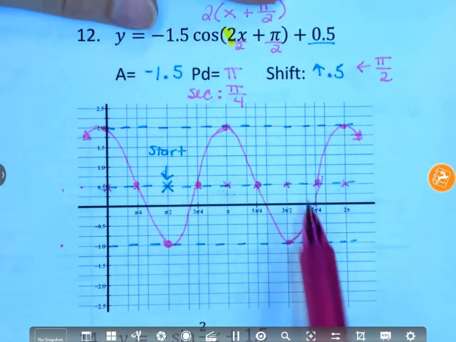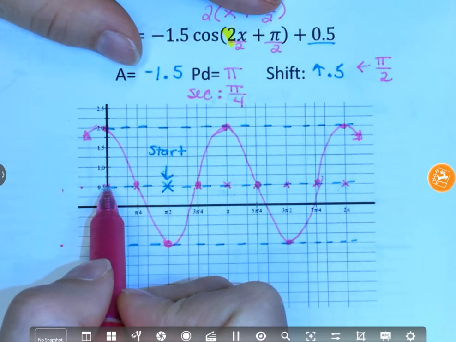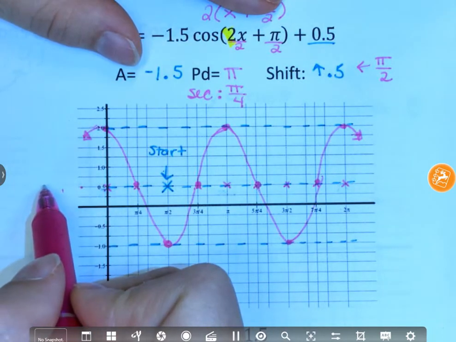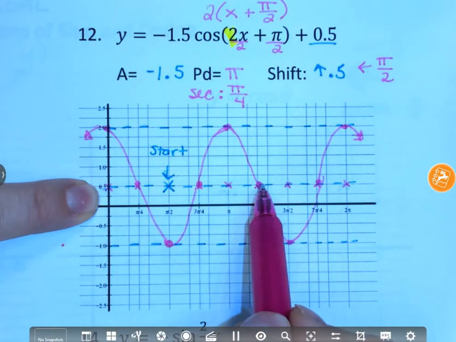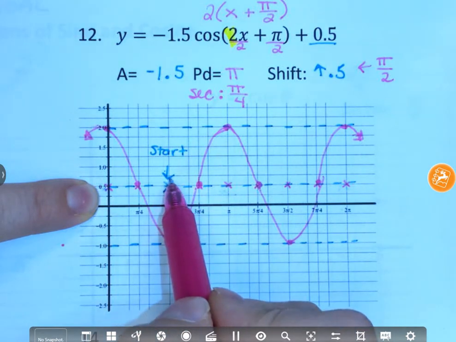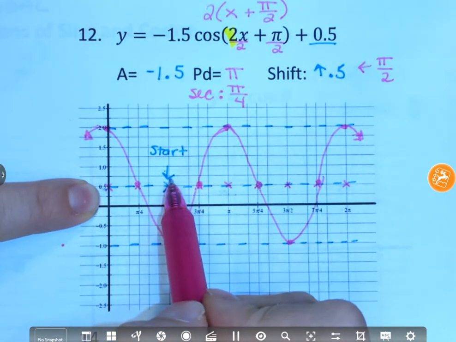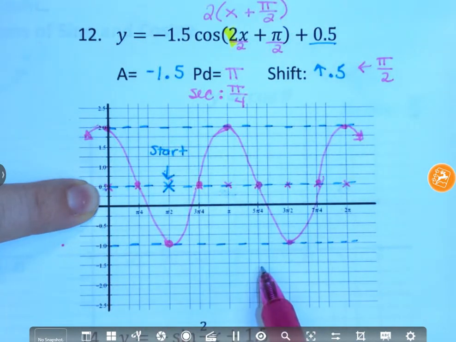So again, what I said, if you weren't listening, we typically start at 0, 0. If my shift goes left and I can't do that, my next step is to say, okay, well, where would the period have ended? And then I would have moved that piece back. If even that doesn't work, I sketch out my practice graph.